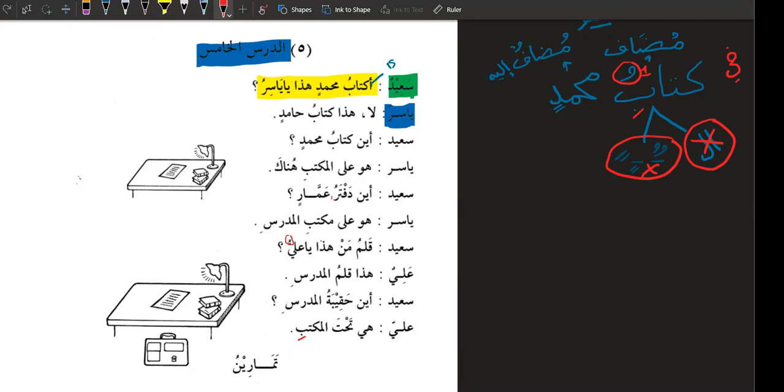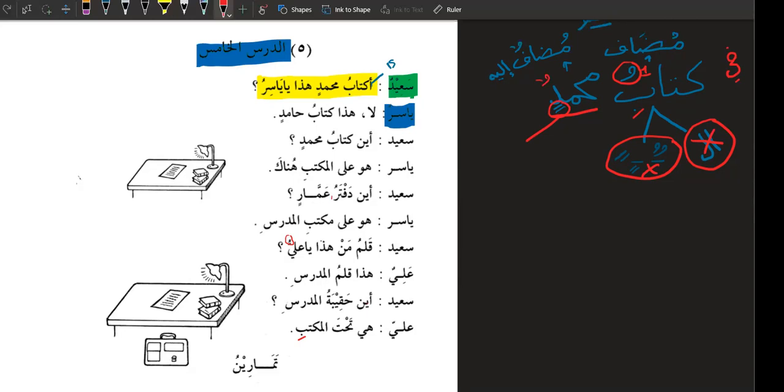So mudaf, the thing that is owned, never has alif and lam, and it never has two dhammas, two fathas, or two kasras. And mudafun ilayh just has one rule, and that is we say it is majroor bil kasra. Majroor means that it takes a kasra. So we can't say kitabu Muhammadun. No, it has to be kitabu Muhammadin.